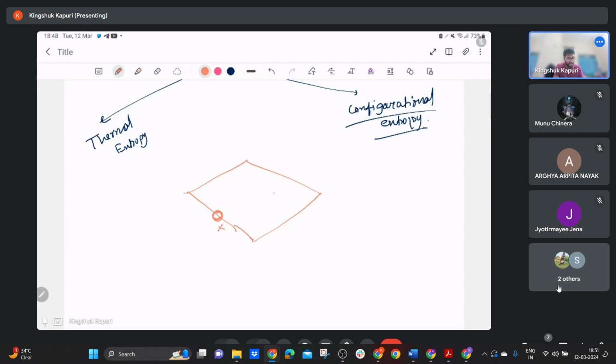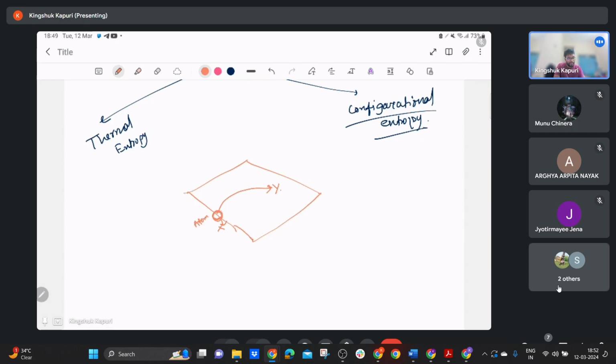This is the position X, and in this two-dimensional space we can mark a position Y. Now if this atom changes its position from X to Y, then a vacant space will be created at position X, right? So there is a redistribution of its position. Now this is a change in the configuration of this particular cross section of the rhombus.